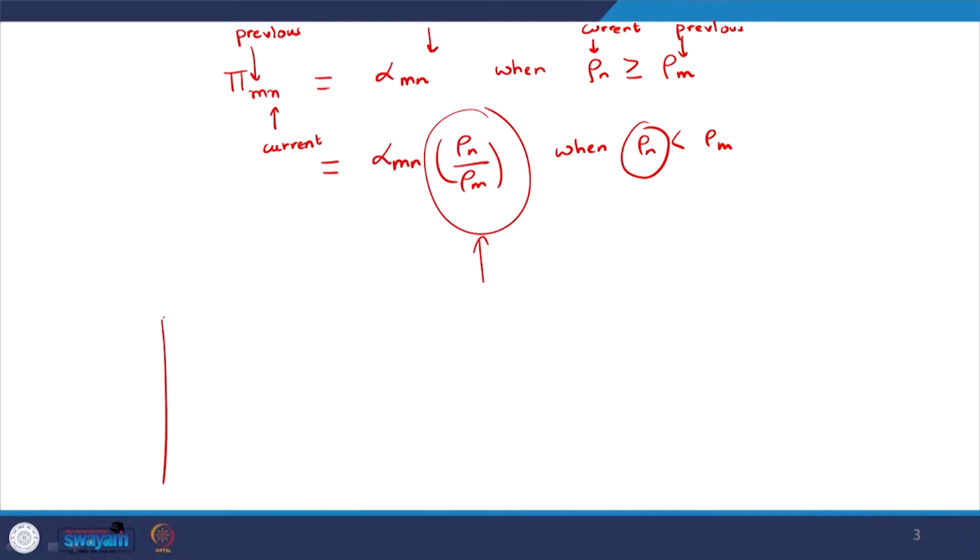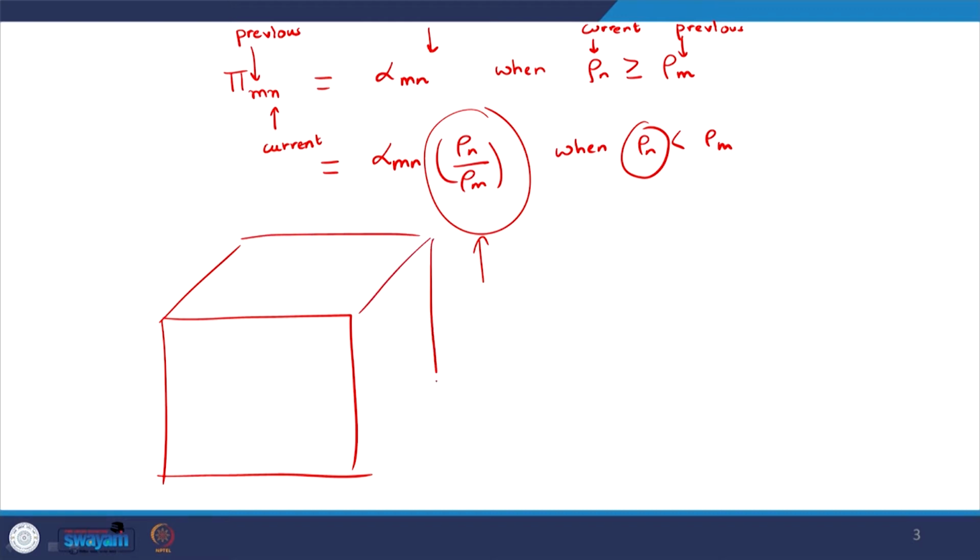Now, let us see how exactly we will do that in practice, right. All of this so far is very theoretical. Let us say I want to apply this Metropolis algorithm in practice. How will I start? Just like in a molecular dynamics simulation, I can still imagine that there would be a box and there would be particles in the box.